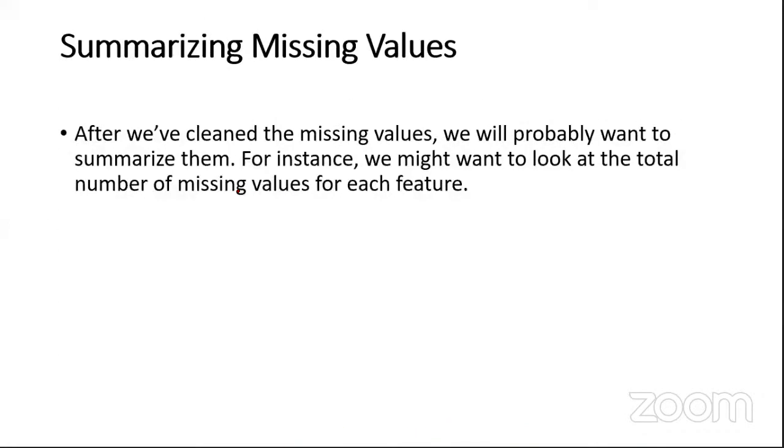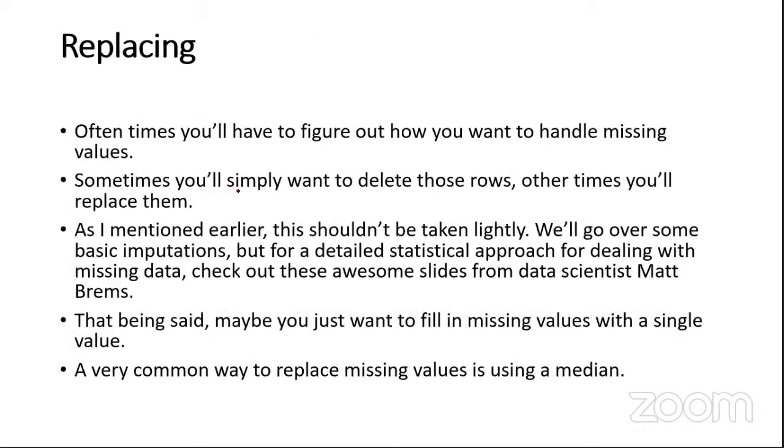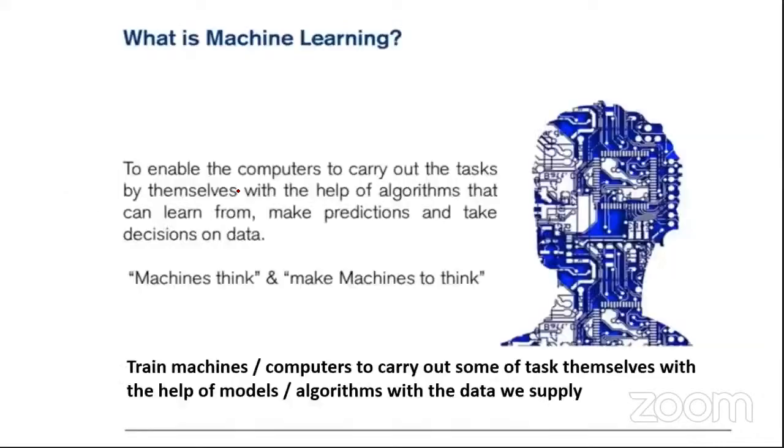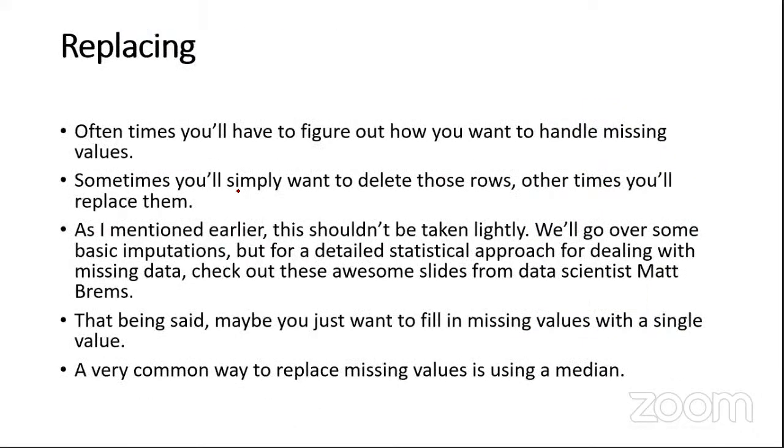So after we have cleaned the missing values, we probably want to summarize. For instance, we might want to look at the total number of missing values, replacing the missing values, and get the whole thing into a fashion which can help us compute the data. That gives us the whole summary.